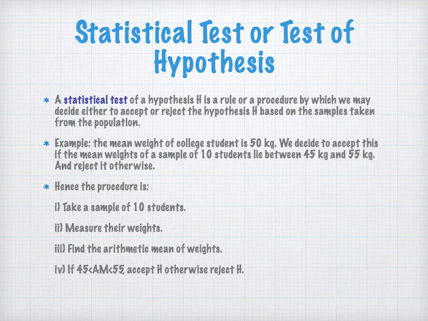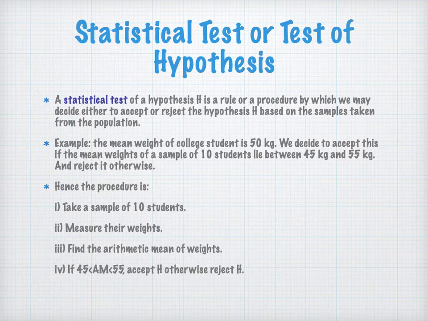This is the procedure: we decide to accept the hypothesis that the mean weight of the college student is 50 if we take a sample of 10 students and their mean weight is between 45 kg and 55 kg, and otherwise we will reject it. So that is a procedure.